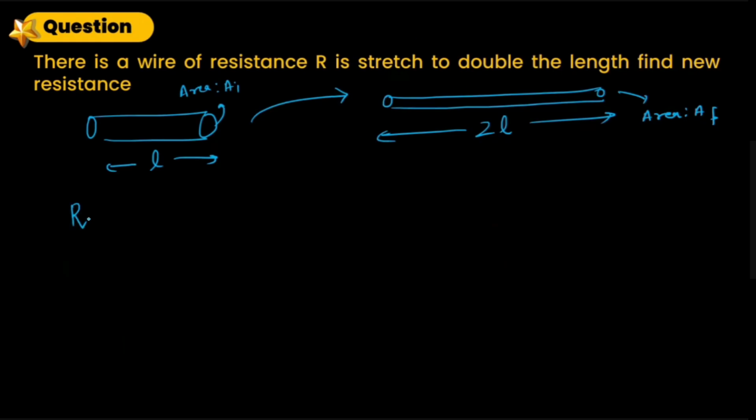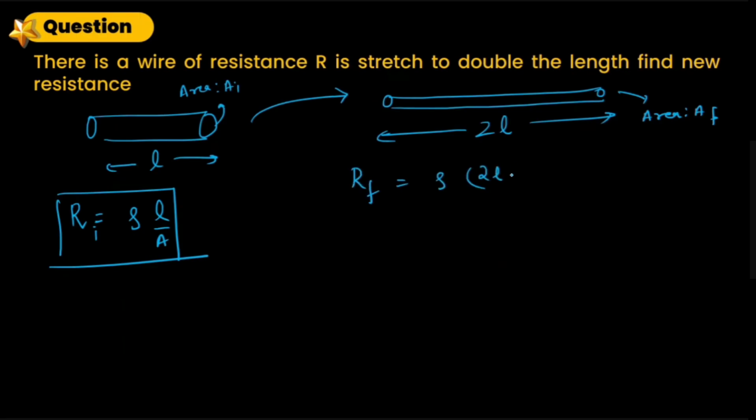So what we can do is, initial resistance was rho L by A as it is. Final resistance will be rho, in place of L we'll write 2L, but in place of area we have to find what it is. So how can we find it? We can find it using volume conservation.